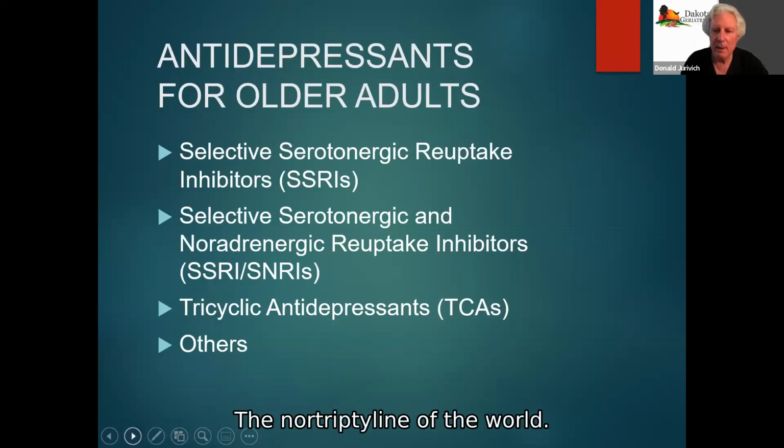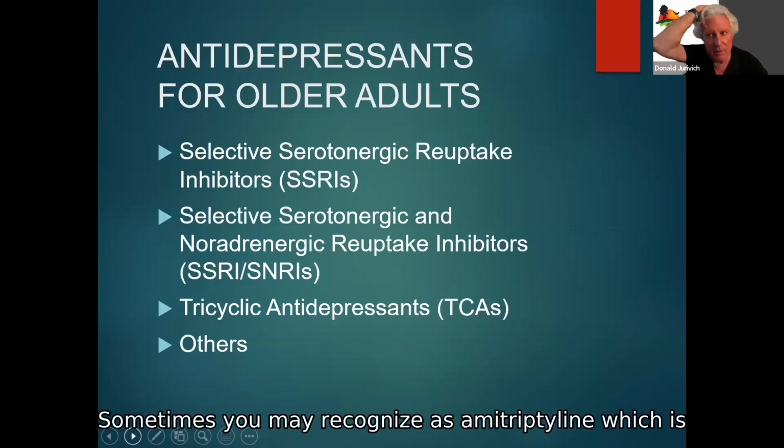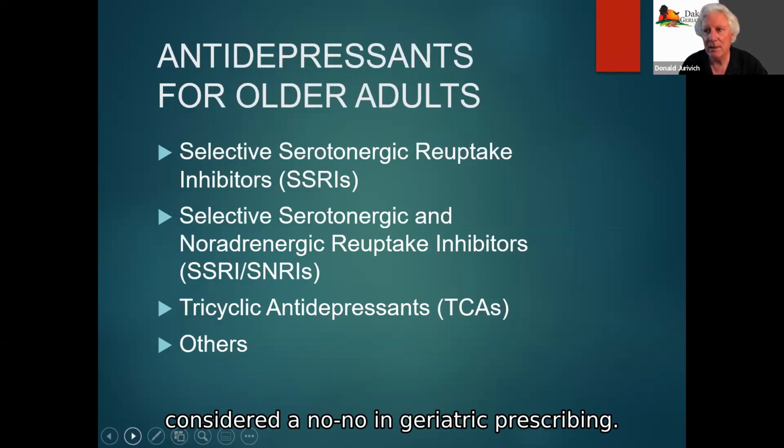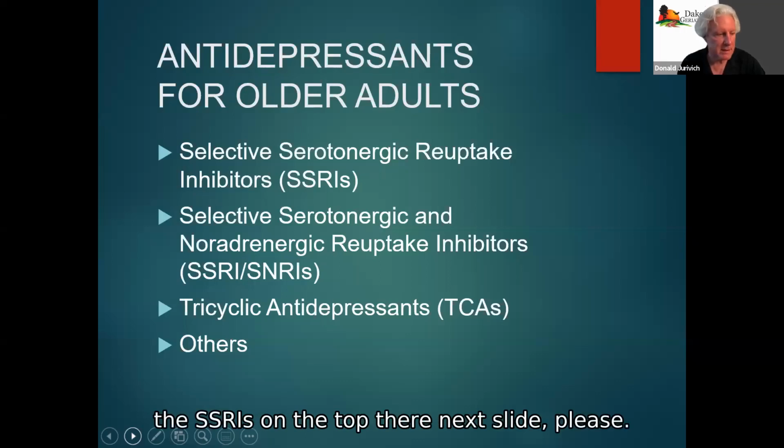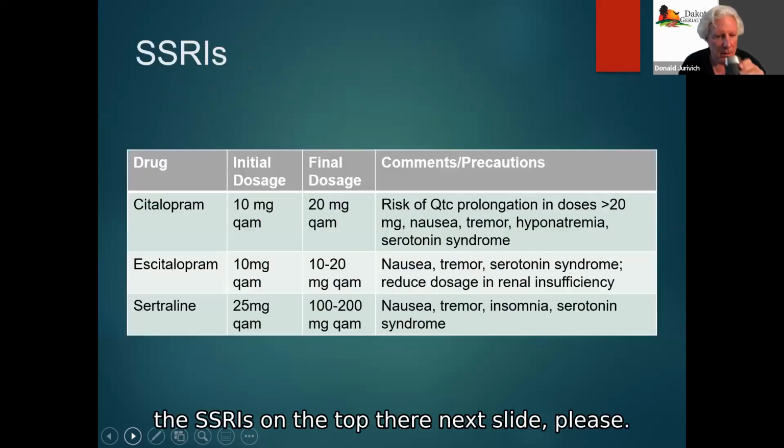TCAs, the nortriptylines of the world, and sometimes you may recognize amitriptyline, which is considered a no-no in geriatric prescribing. Those tend to be older and they're effective, but not preferred compared to the SSRIs on the top there. Next slide, please.